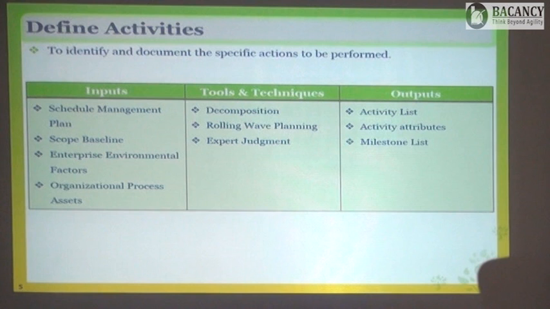Remember I have been telling you that the assumption log must be maintained. You must document the assumptions. So when we are preparing this activity list, we are assuming that the raw material will be available to us on time. And one of the assumptions is that the tomatoes will be available within this price.